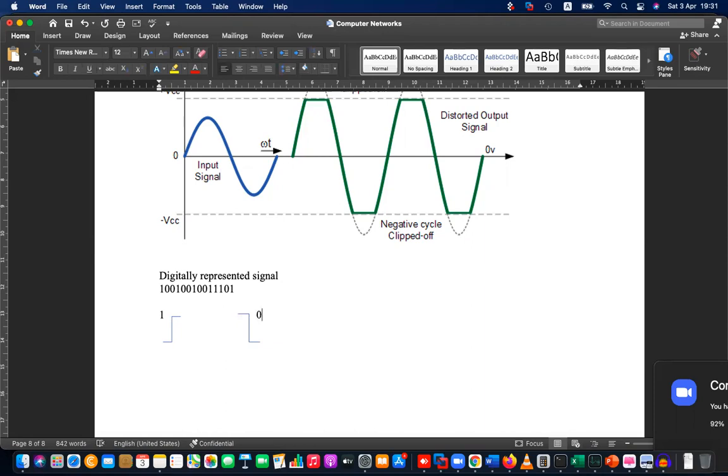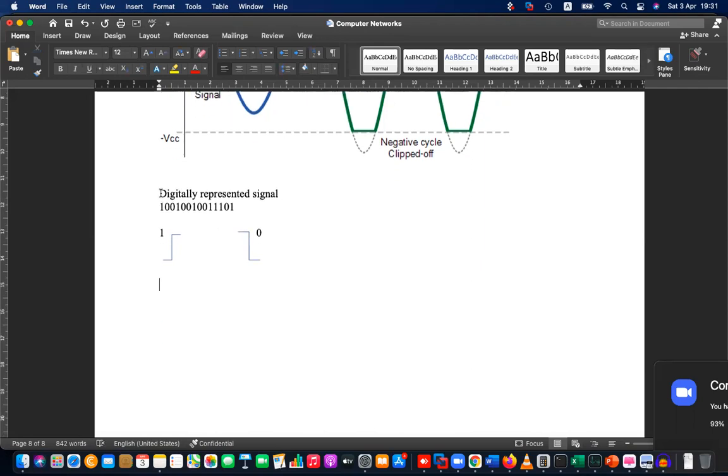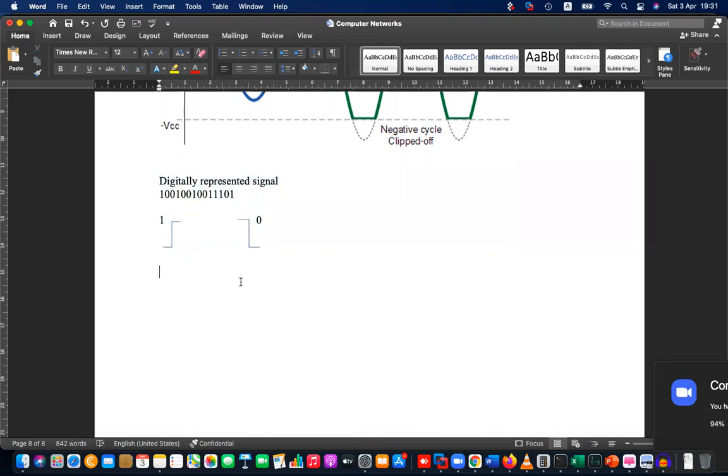Okay, next day, try to use these two and represent the signal using IEEE Manchester encoding. That's what I want to give you. That's why I asked you to stay. Right, please write down: this is a digitally represented signal, and you have to encode this into the Manchester format, and this is the IEEE method.